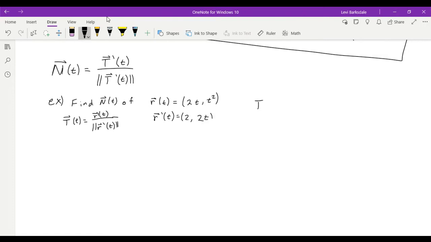So our unit tangent would be equal to 2 comma 2t divided by the square root of 4 plus 4t squared, which is equal to 1 comma t over square root 1 plus t squared.